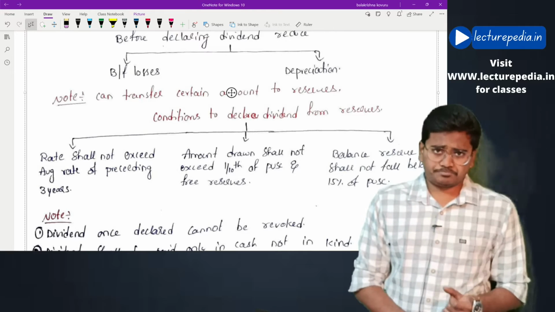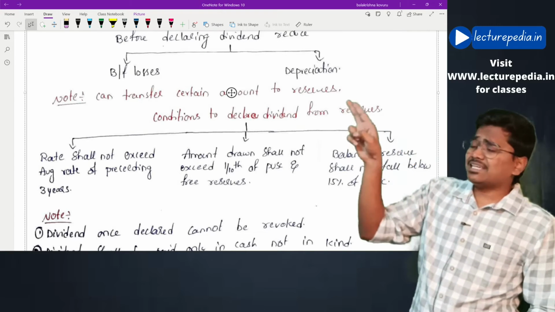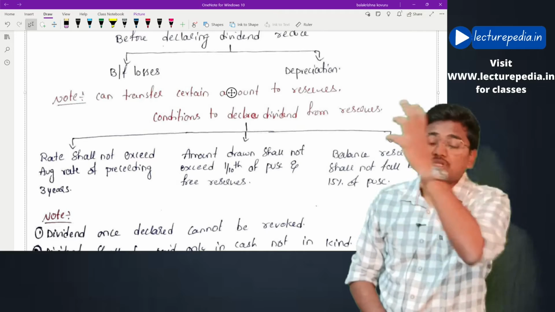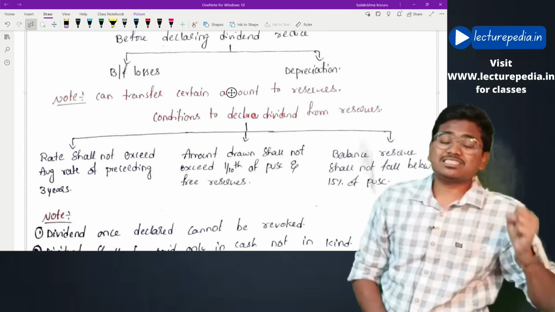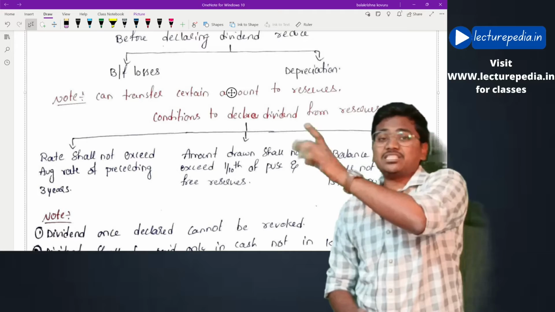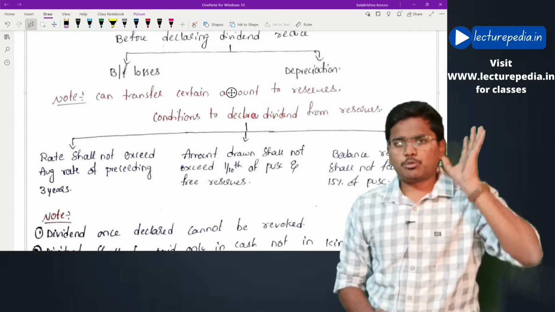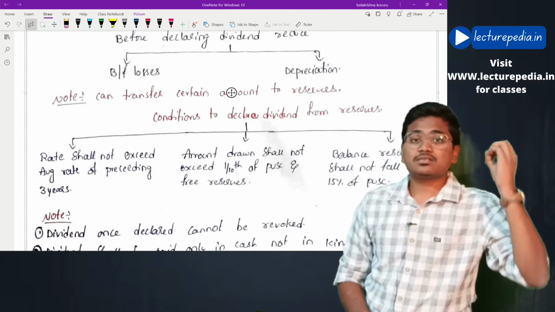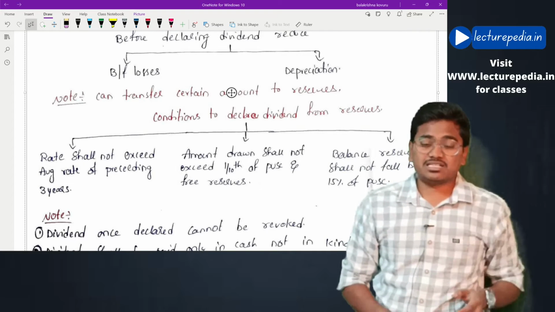Next condition, you are taking the amount from reserves and surplus balance. The maximum amount that can be withdrawn from the reserves and surplus balance is 1/10 of paid up share capital plus free reserves. That is the second condition.